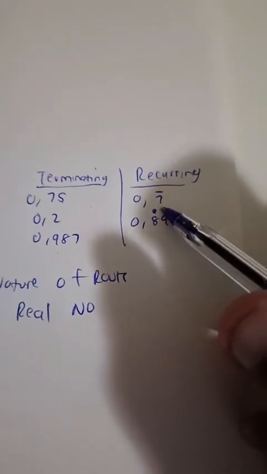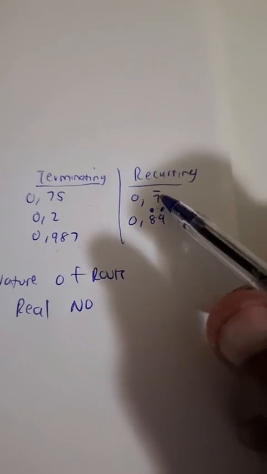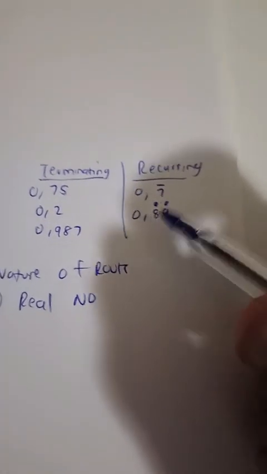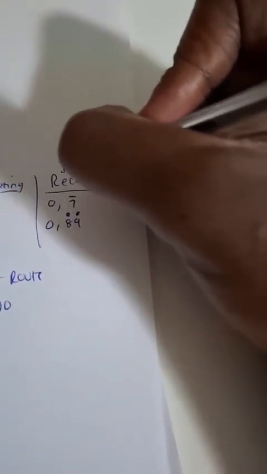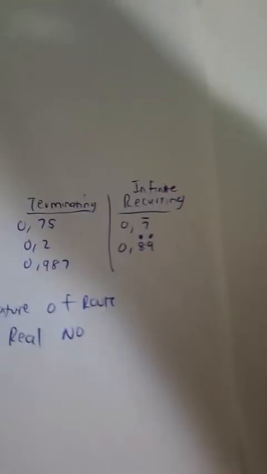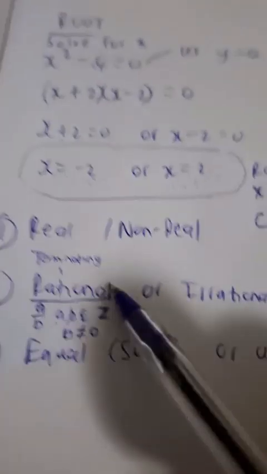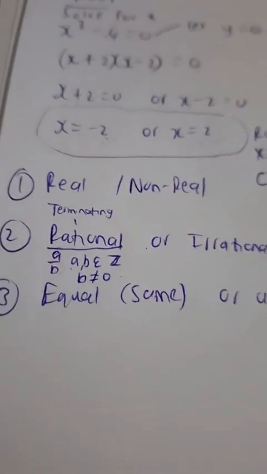Because there's a repetition of a single number, maybe two numbers, it could be three numbers, but it repeats. There's an infinite recurring decimal, in other words. So these categories of numbers both fall under what we call rational numbers.